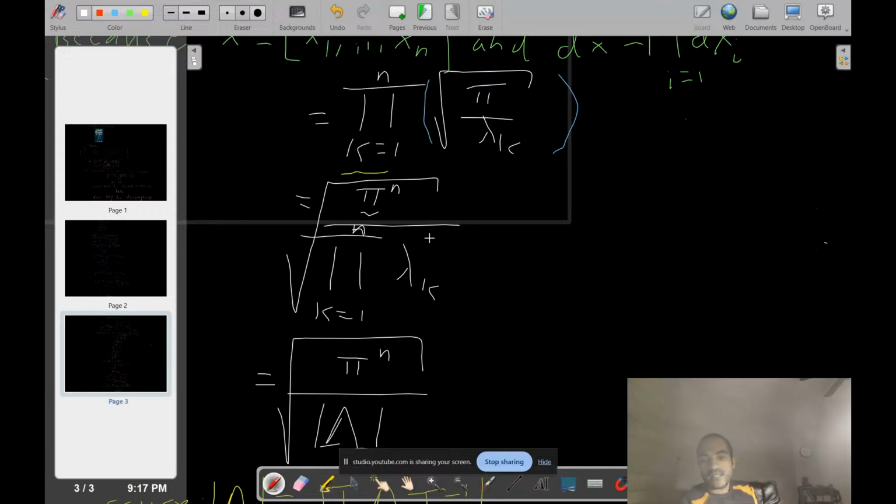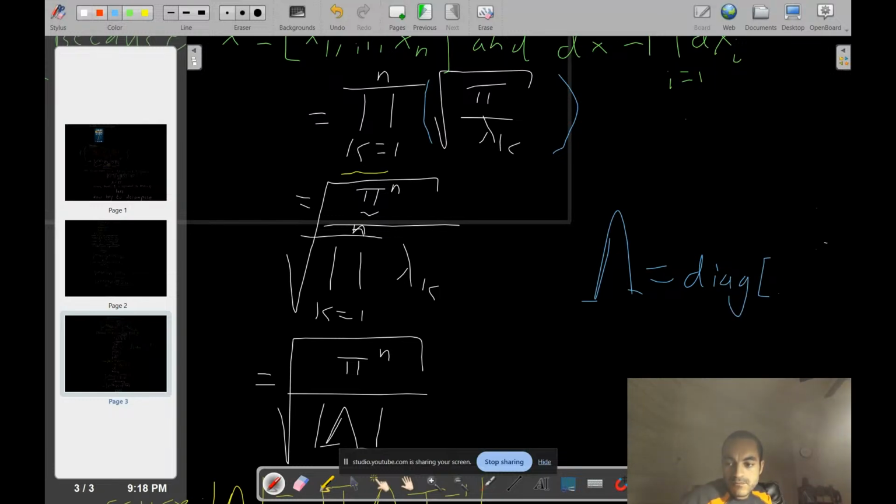And remember, lambda is related to something: lambda is the diagonals of that diagonal matrix, capital lambda. On the side here, capital lambda is equal to the diagonals of the matrix with lambda 1 to lambda k.